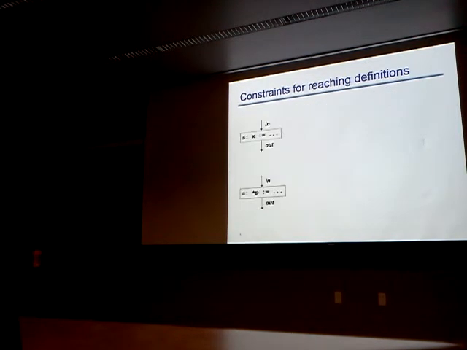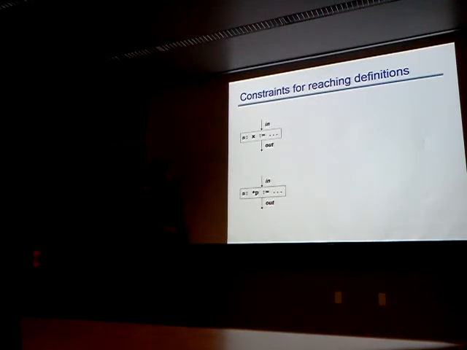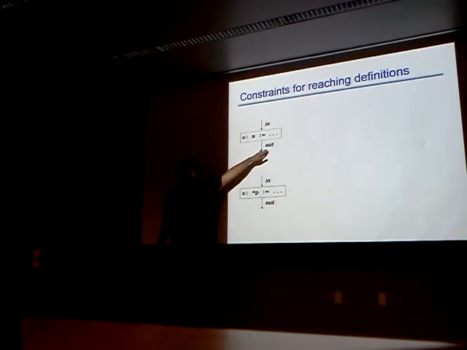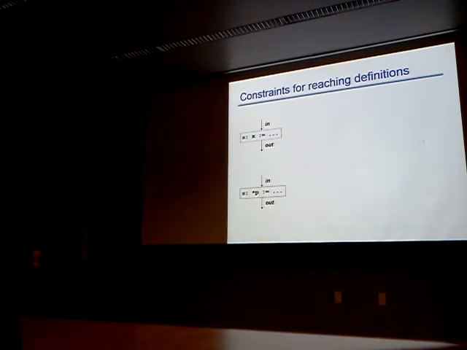So let's take a look at what the constraints look like for reaching definitions. Let's say we have a simple assignment. A simple assignment will have one incoming edge and one outgoing edge, and I'm going to have some incoming information. This incoming information will be a binding of the kind we had before, where it'll tell us that maybe A comes from statement 5, B comes from statement 10, B can also come from statement 11, etc. So it'll be a set of these things.